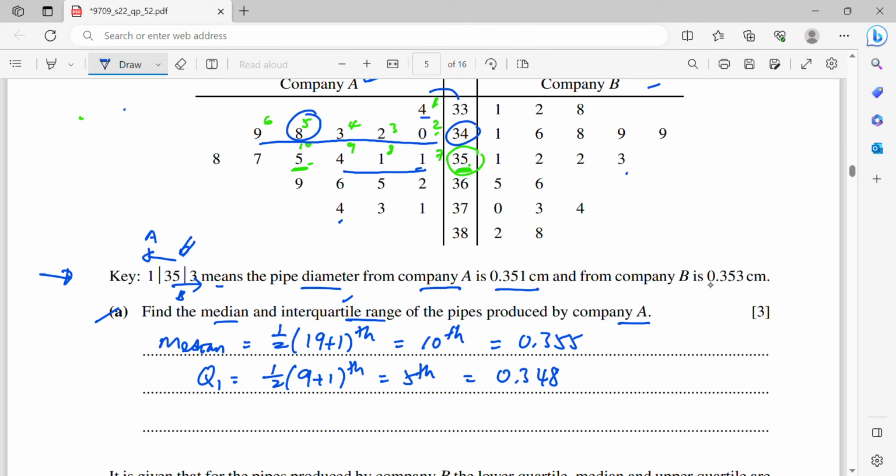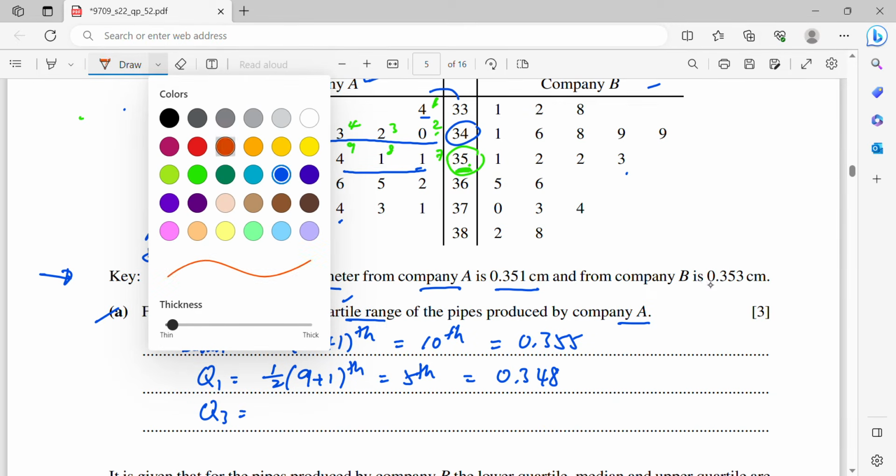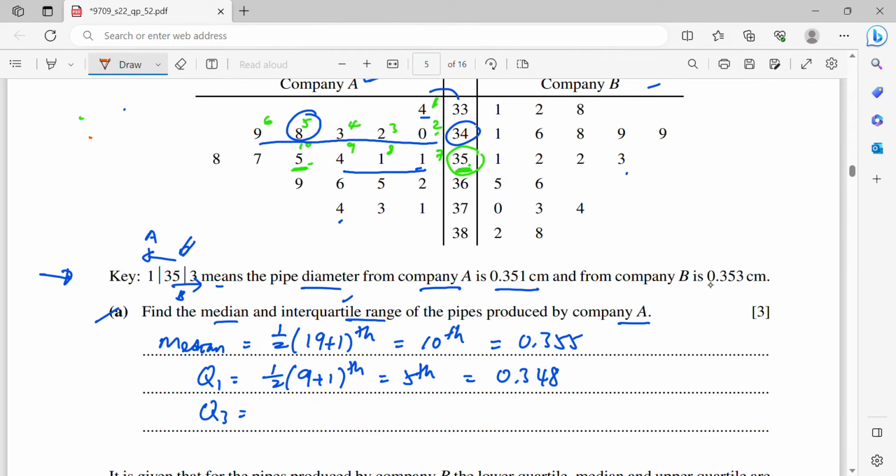And then Q3 will be the same. We know there will be 9 readings from the right. So I will say this is the first from the back, the second, the third, the fourth, fifth, sixth, 7, 8, 9. If Q1 is the fifth from the top, then Q3 will be the fifth from the back, which is here, because I have labeled the fifth from the back.